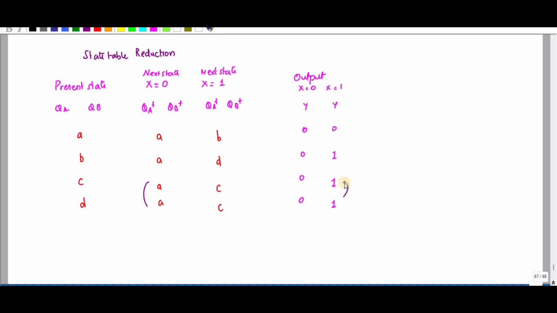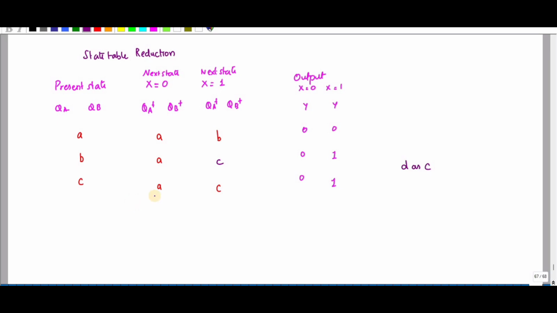Since these two are the same, I am going to replace D as C. I am going to cut this one and replace D as C.